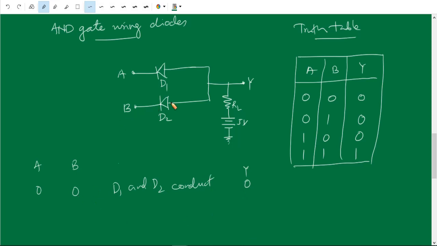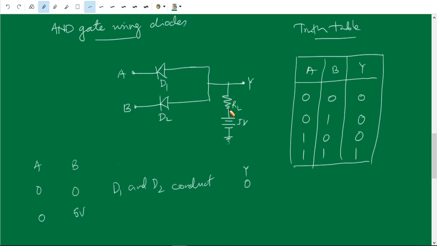Next, when A equal to 0 and B is equal to 1, that is 5 voltage. When B is 5 voltage, what happens? Since A equal to 0, diode D1 conducts, because here 5 voltage is there, and here 0 voltage. When diode D1 conducts, this 5 voltage is dropped across the load resistance.